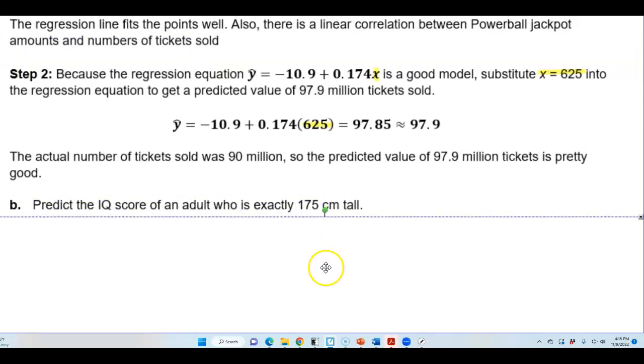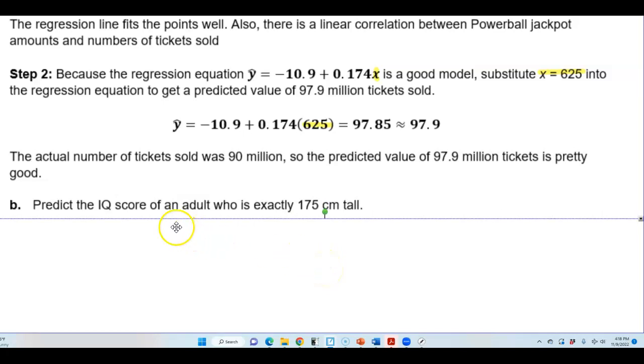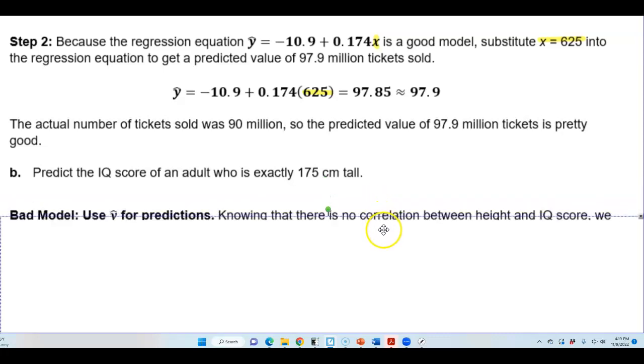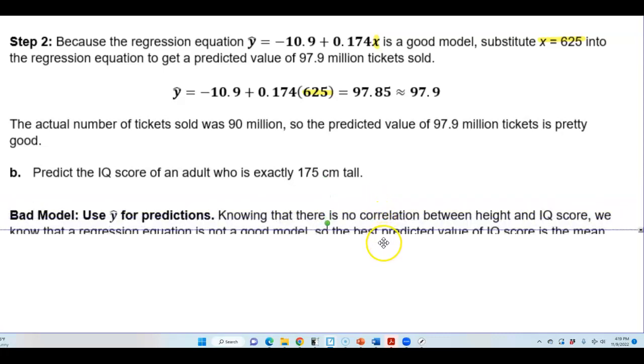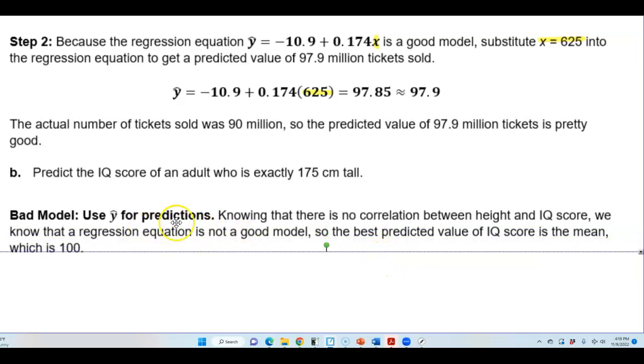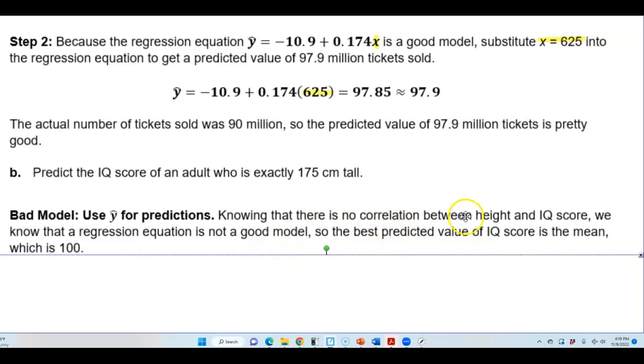Okay, part B, it says predict the IQ score of an adult who is exactly 175 centimeters tall. Now, this is a bad model, and the reason why is we would just use the mean value for the predictions. Knowing that there is no correlation between somebody's height and their IQ score, we know that a regression equation is not a good model.